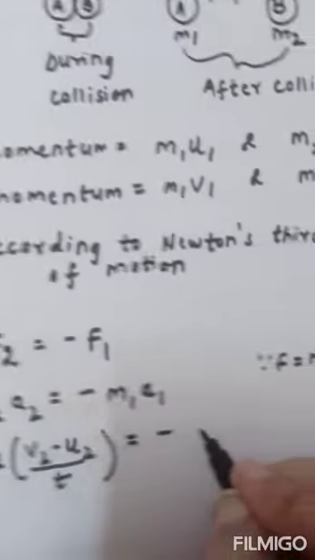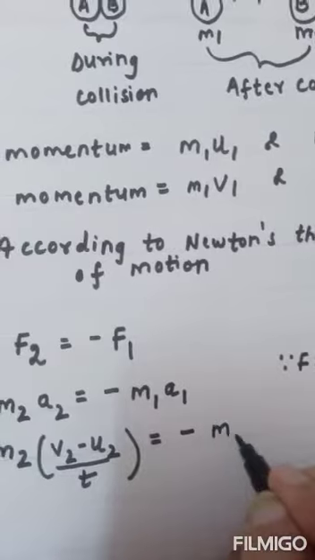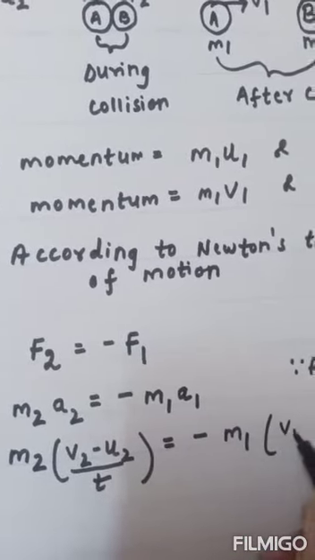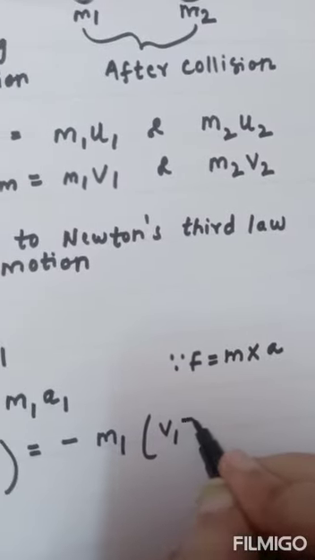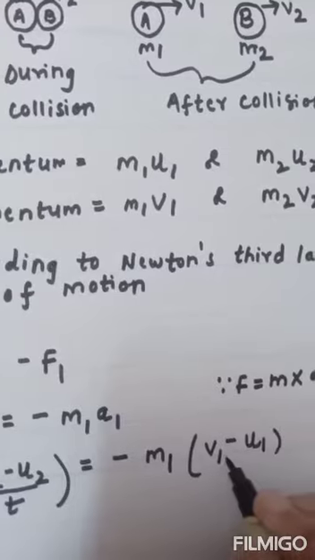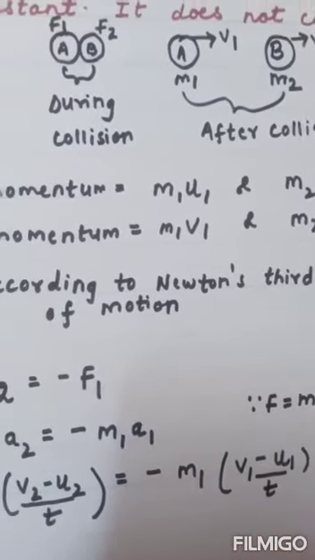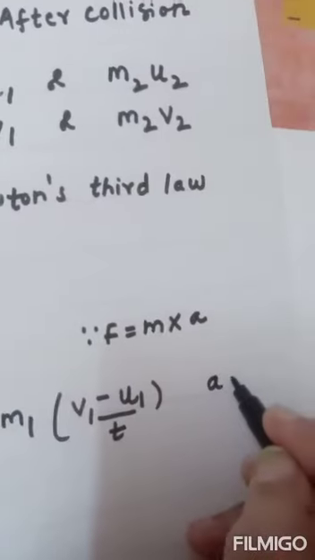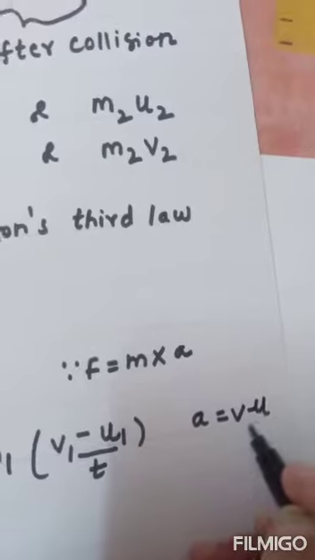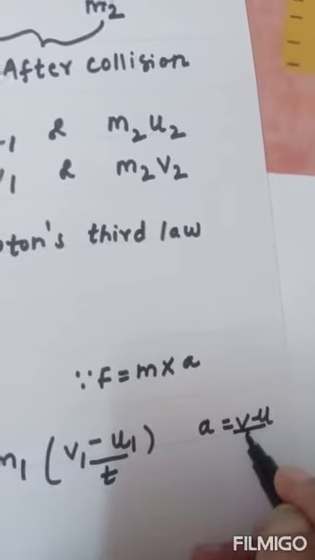Same we will write here: m1, and a1 is v1 minus u1 upon t, because a is equal to v minus u upon t.